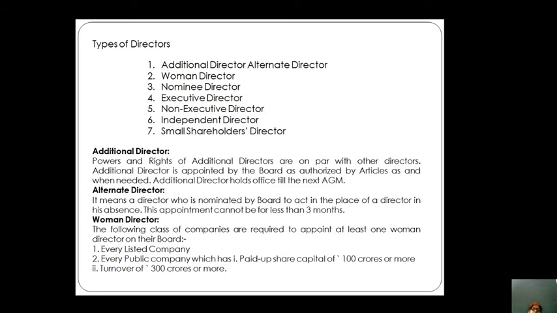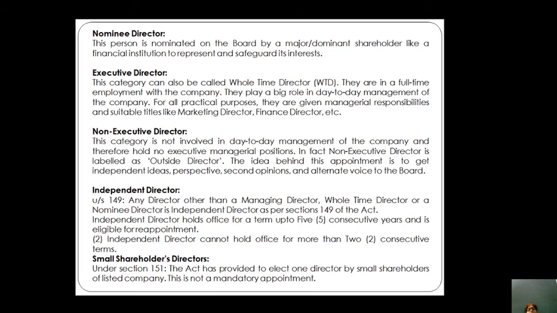Correct? Such companies must appoint at least one woman director. Now, nominee director: the person is nominated on the board by a major dominant shareholder, like a financial institution, to represent and safeguard its interest.